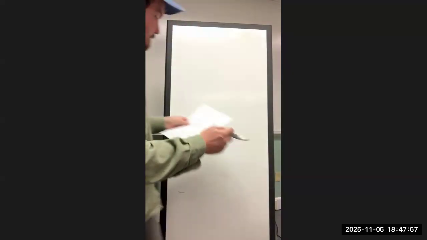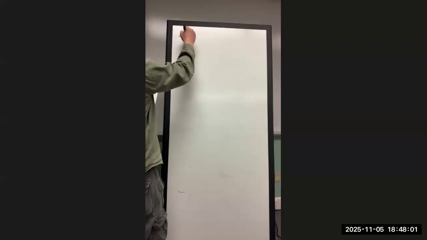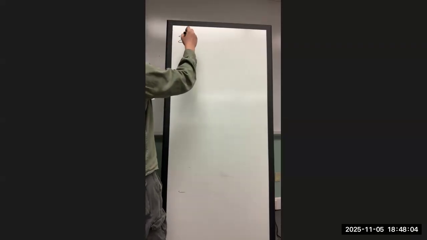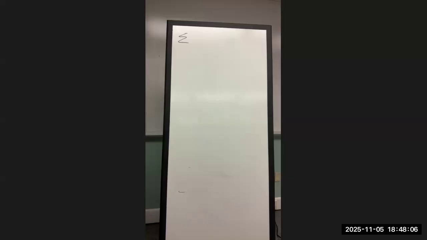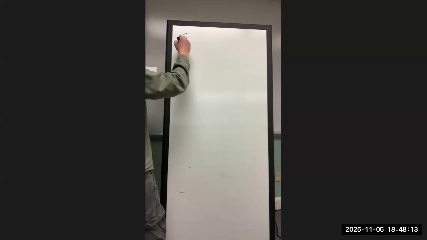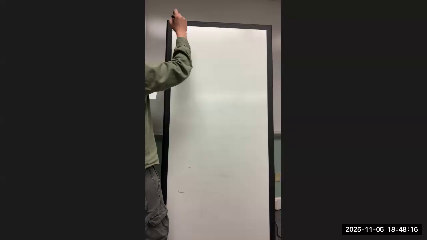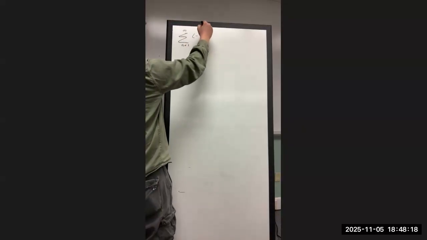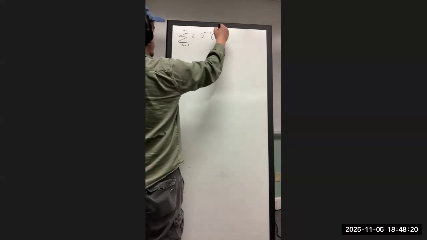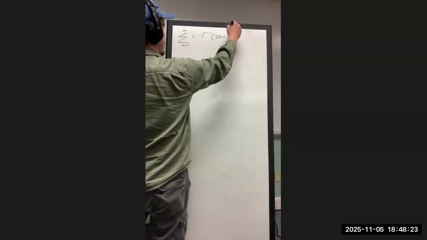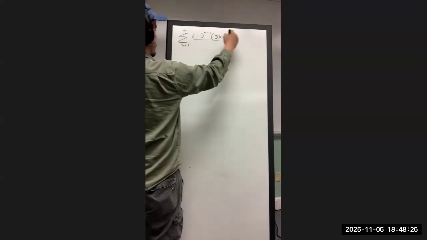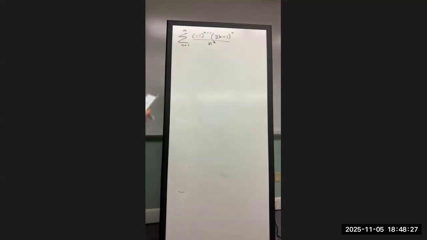Okay, so I'm going to pick up with power series. So we're looking now at this example, the series from n equals 1 to infinity of (-1)^(n-1) (3x - 1)^n over n squared.